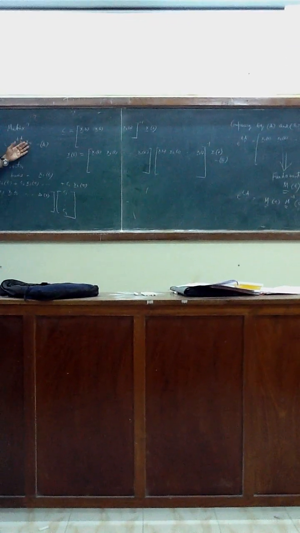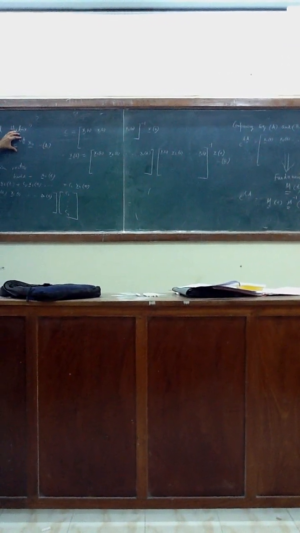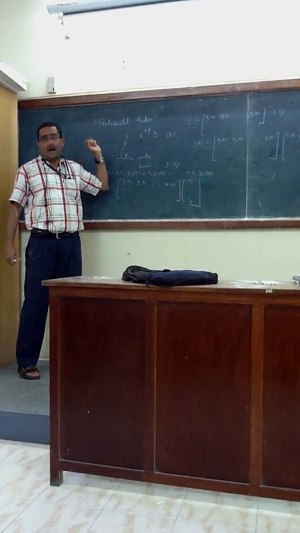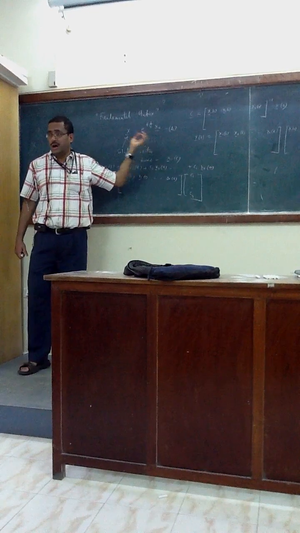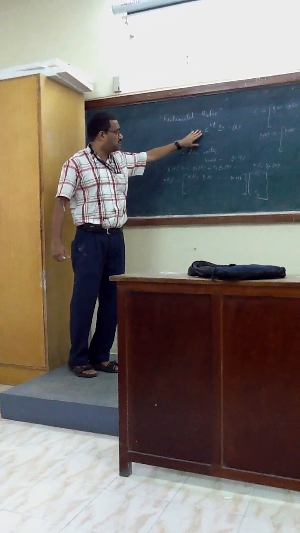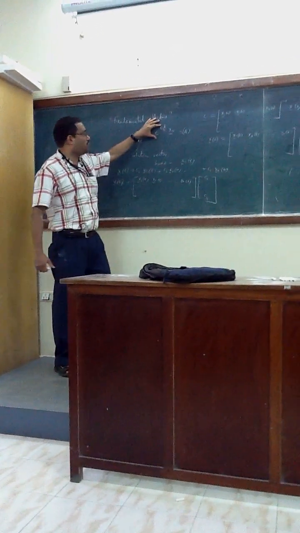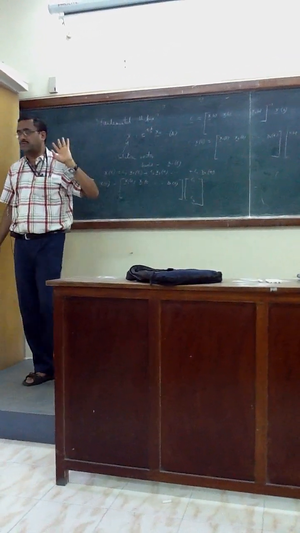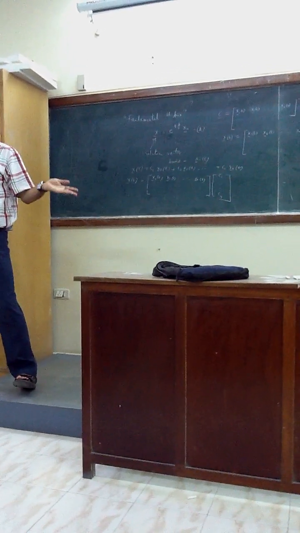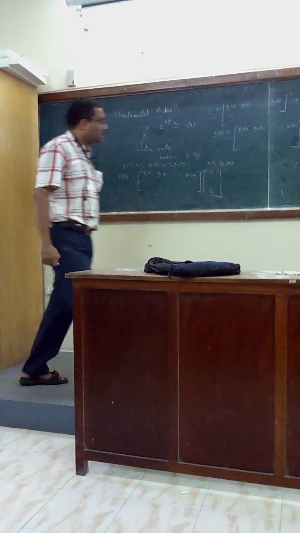Once you get e to the power tA, you are 90% done. The only thing is to multiply with x0 and get the final solution. So let's take an example and see how to construct a fundamental matrix, multiply by M inverse, and get e to the power tA.